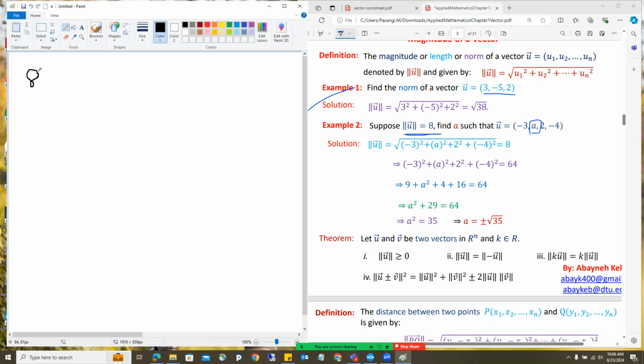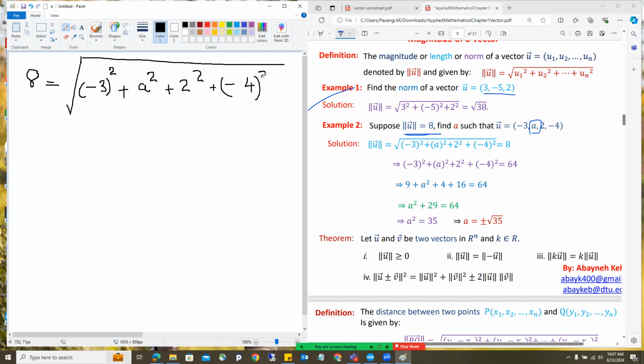So this magnitude 8 should equal the square root of the addition of all these squares, which means the square root of minus 3 squared plus a squared plus 2 squared plus minus 4 squared. Then what we do?